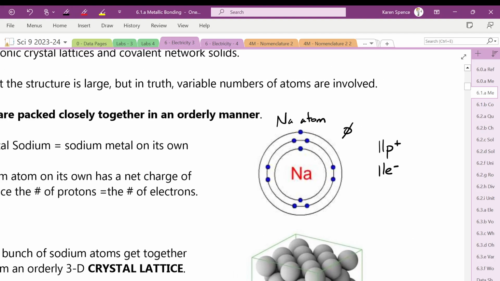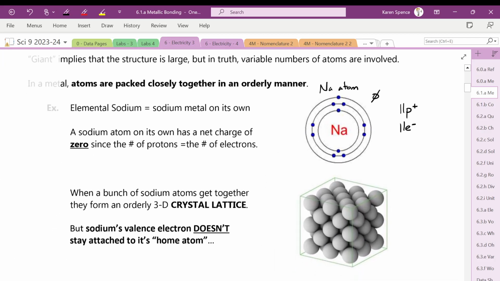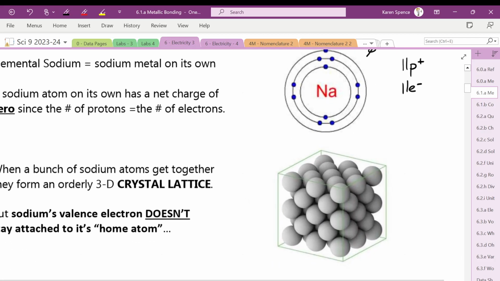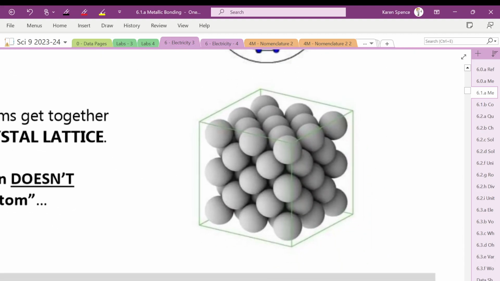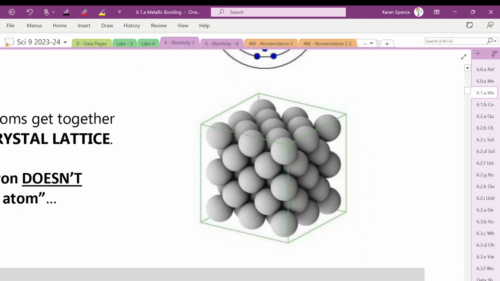Now, if we put a whole bunch of sodium atoms together, they look like this. What charge are those little balls in there? They are all positive.